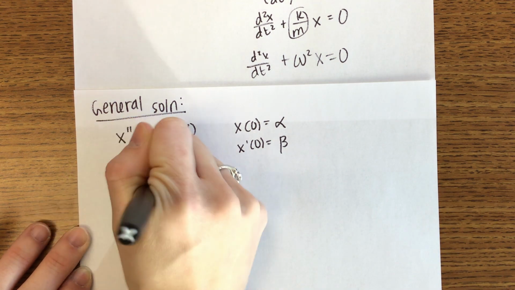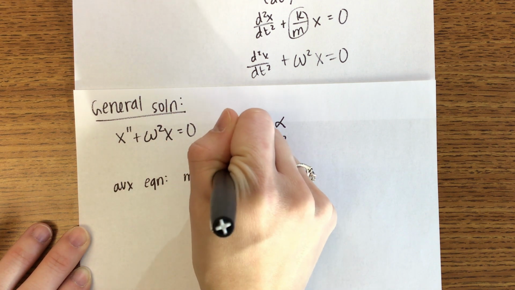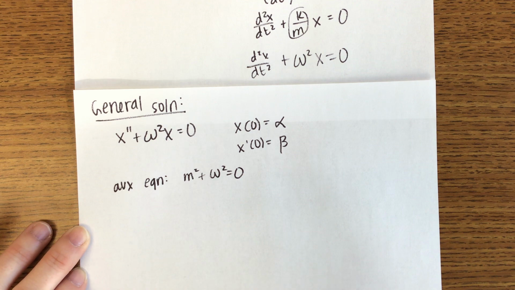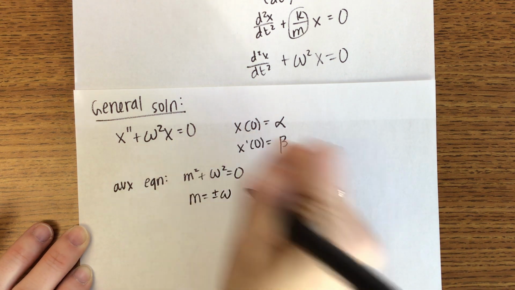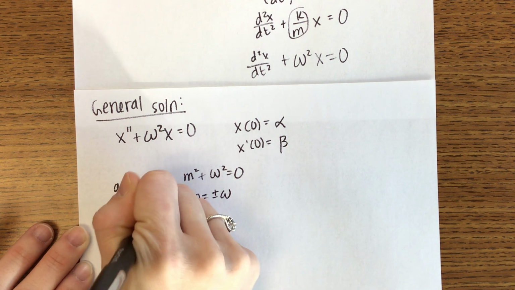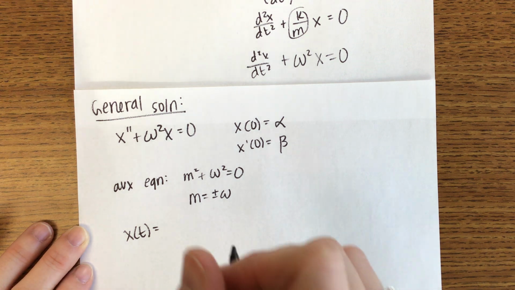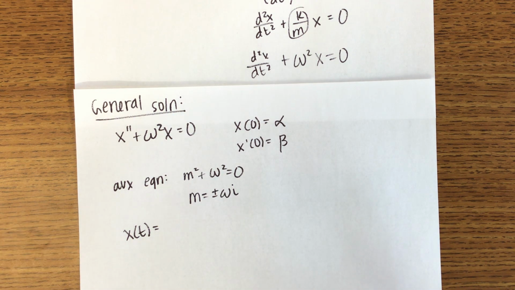Okay, so then we said you would look at your auxiliary equation, which in this case is m squared add omega squared equals 0. If we were to solve that, our m is equal to plus or minus omega i. That makes a big difference.